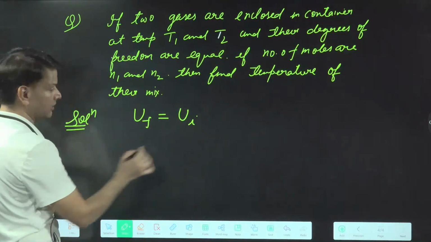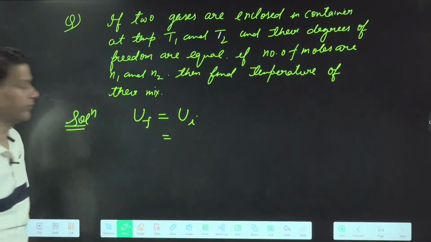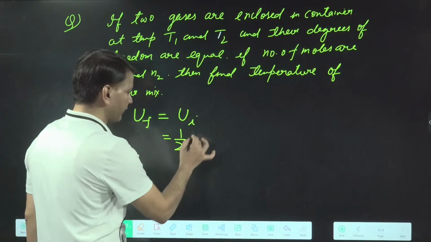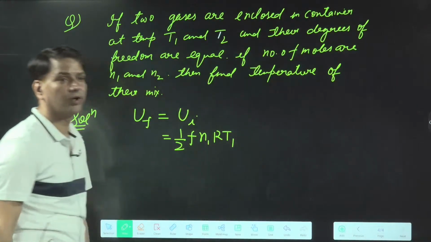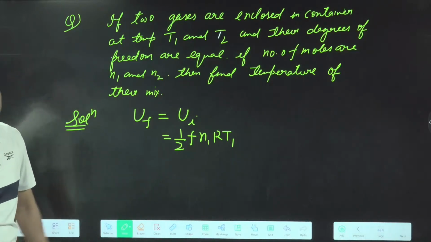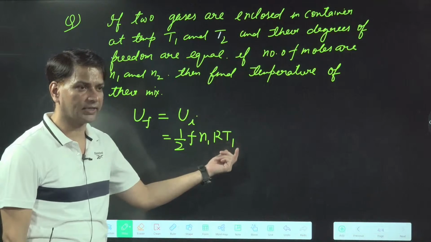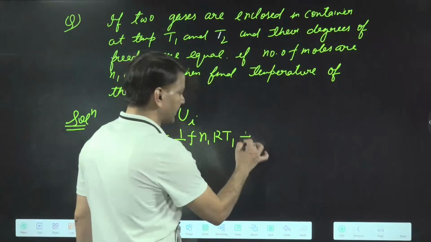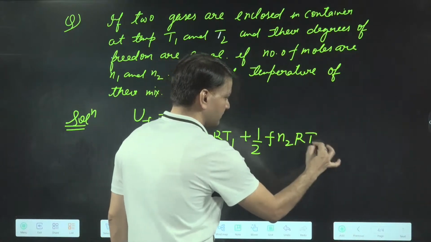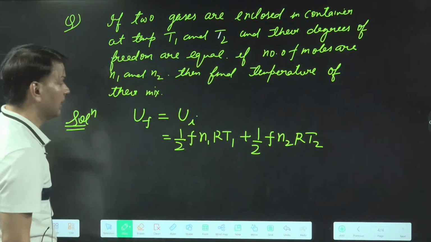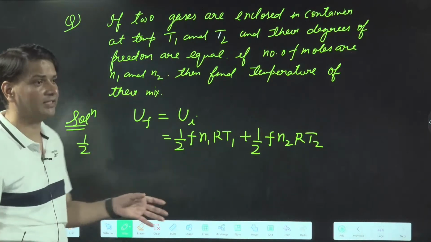Now UI, what can I write? The internal energy formula we have learned: 1 by 2 F N R T. Remember, 1 by 2 FNRT. So for the first gas the number of moles is N1 and temperature is T1: 1 by 2 F N1 R T1. For the second gas, 1 by 2 F N2 R T2. Final I can write as 1 by 2 F with the same degrees of freedom.